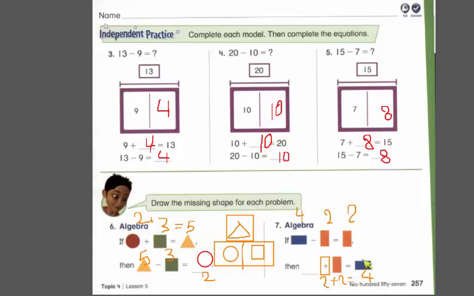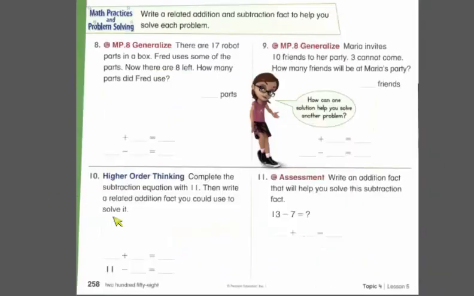Okay, turn the page, one more page please, and it's the last page, page 257. There are 17 robot parts in a box.